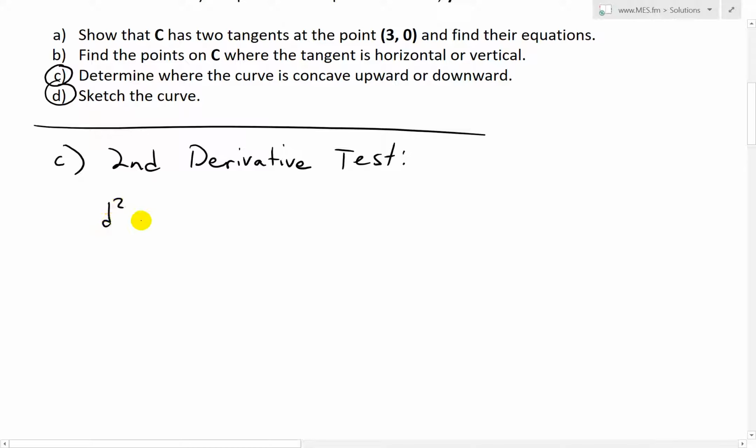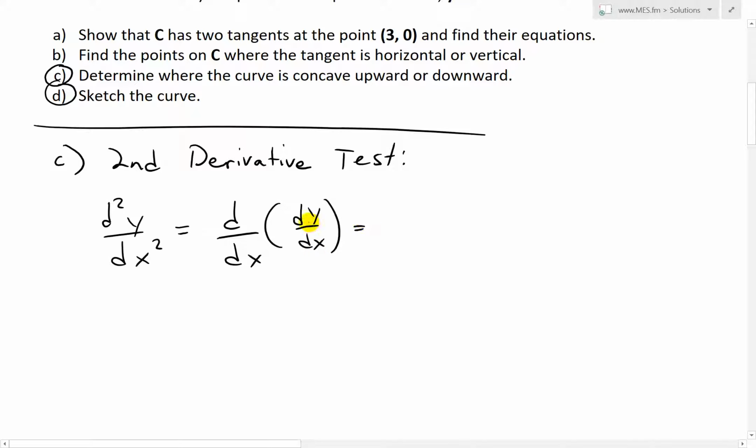So the second derivative in our case, I'm writing it like this, d squared y over dx squared, equals d over dx of dy over dx. This is just taking the derivative of dy over dx, so you do it twice.